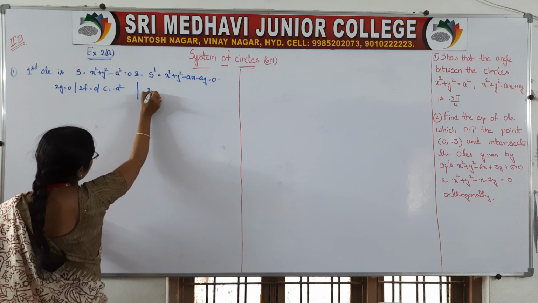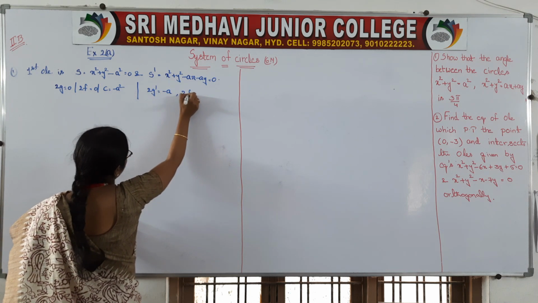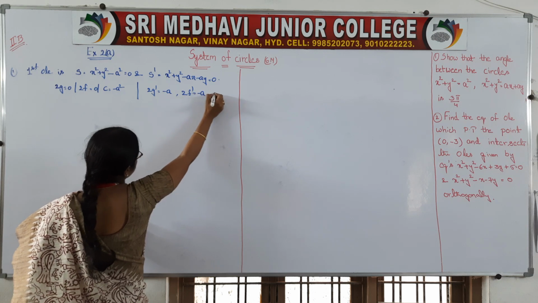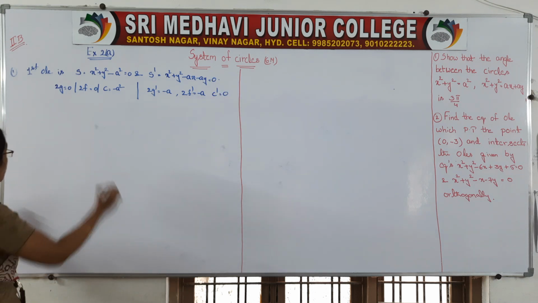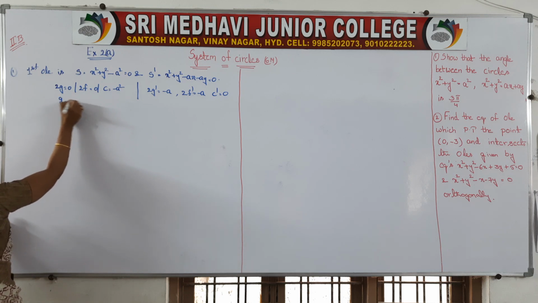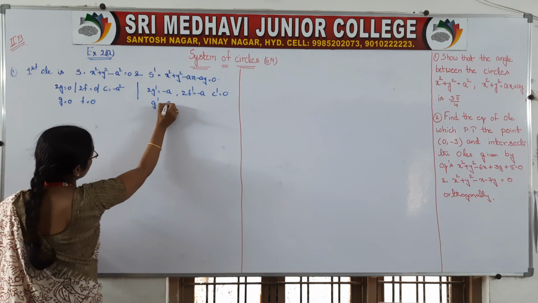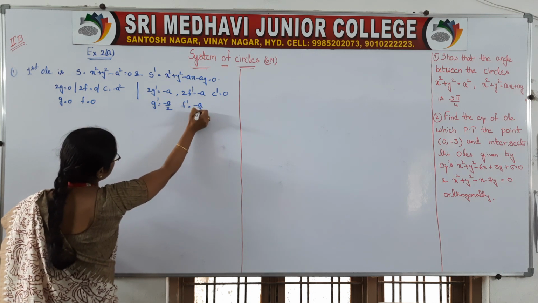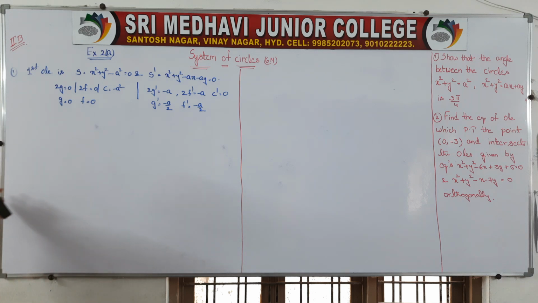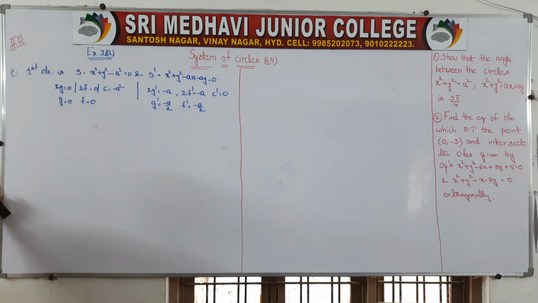Similarly here, 2g dash is equal to minus a, 2f dash is equal to minus a, and c dash is equal to 0. So g is 0, f is 0, g dash is minus a by 2, f dash is minus a by 2. We got all the required values, c and c dash.